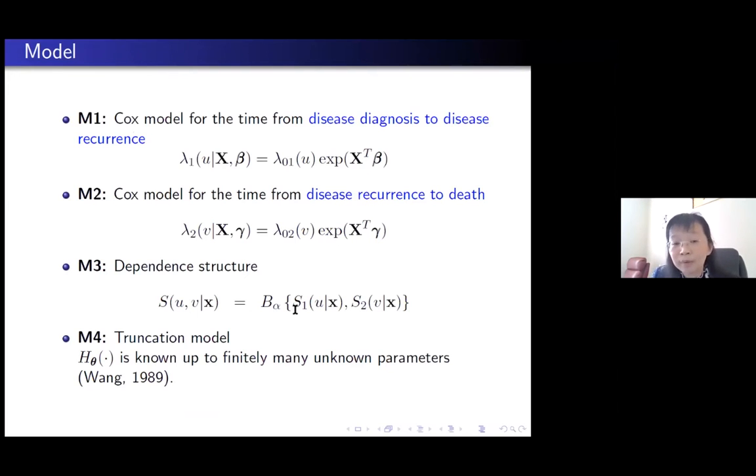So we can separately model the marginal distribution and the dependent structure. Then the misspecification of the dependent structure would have a minimal effect on the estimation of the marginal distribution. This is one advantage of using the copula model. I see. Thank you very much.